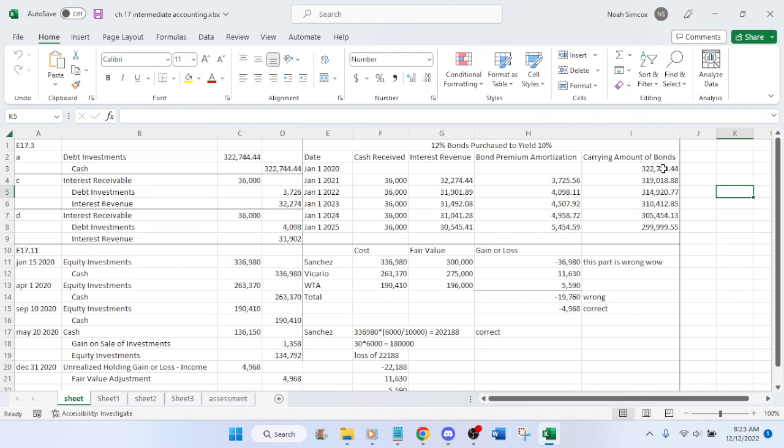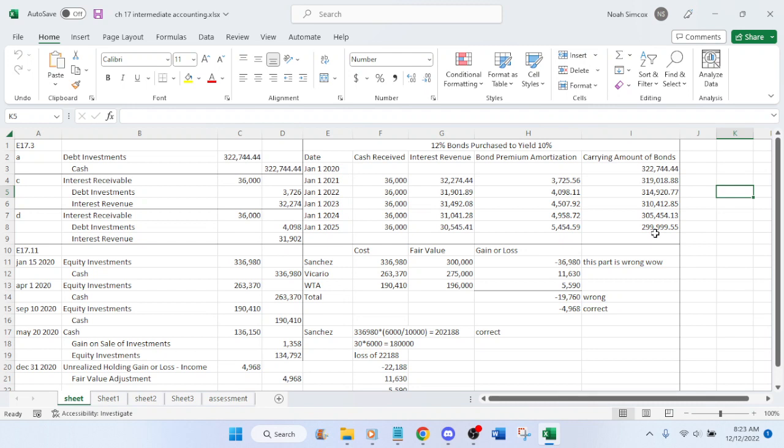It wasn't rounded, it was just simply off, by a tiny little amount. So at the end, you're going to end up with this number. Just increase this by the amount to get it up to the correct number.